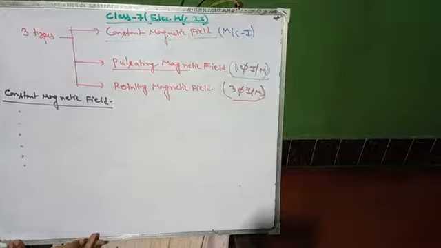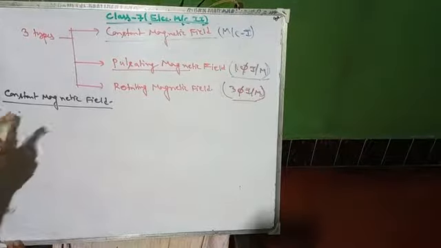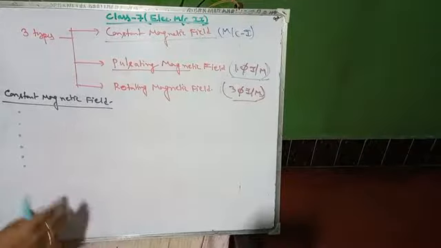So by these two ways, a constant magnetic field is generally produced.